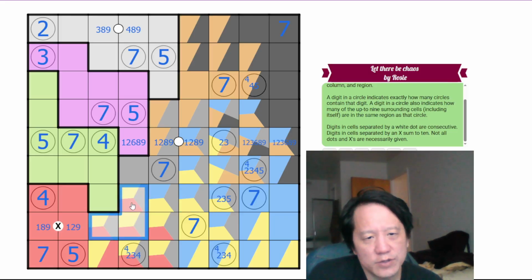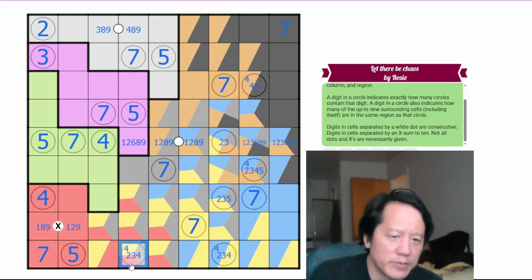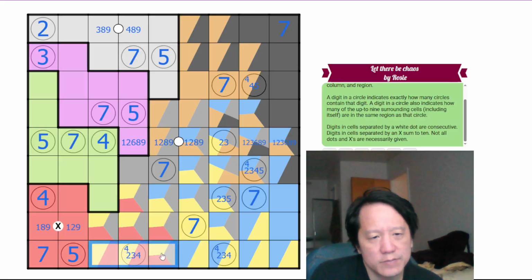If we do red, red, red, the rest of this would be medium. Can this ever be medium? No. If this were medium, it would block the red from forming a complete region. So this cannot be medium. Therefore, it's yellow or it's red.